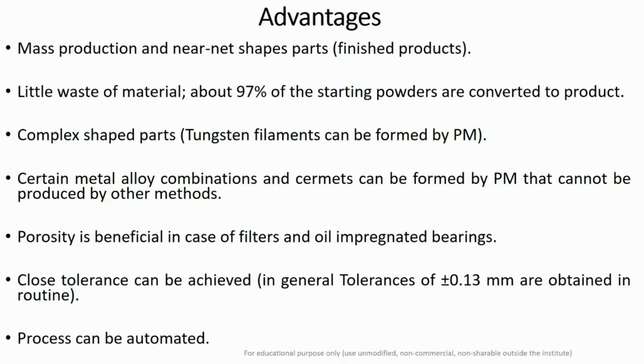From the die cavity, automatic compaction takes place, automatic ejection of the part takes place, and then automatic transfer of the compacted part onto the conveyor belt. From that conveyor belt it goes to the sintering furnace, where it automatically gets sintered, and at the other end you get the finished part.